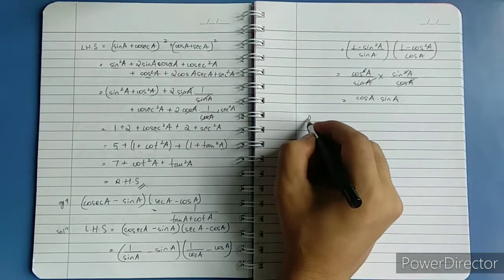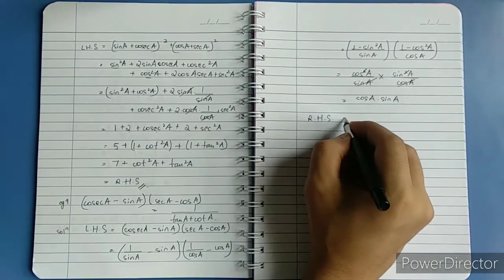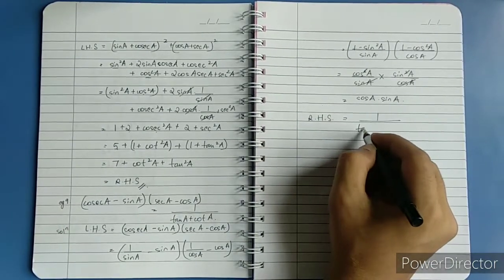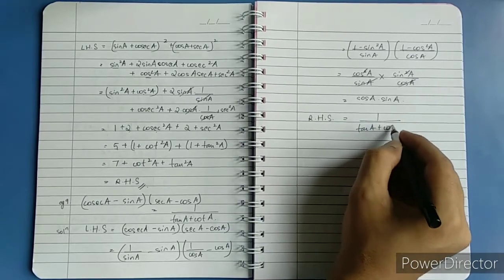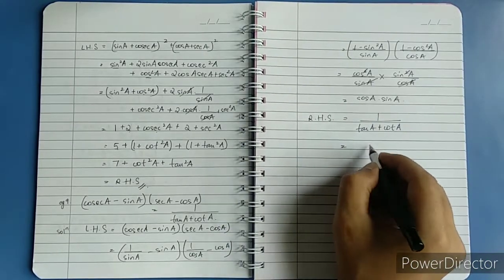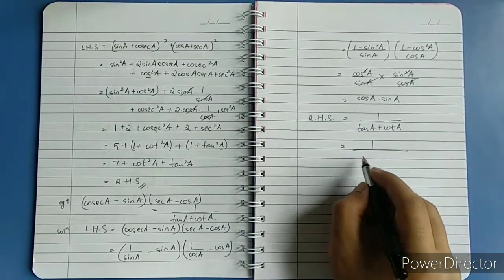Now we'll take the right hand side. Right hand side is 1 by (tan A plus cot A). We'll convert them in terms of sin and cos.